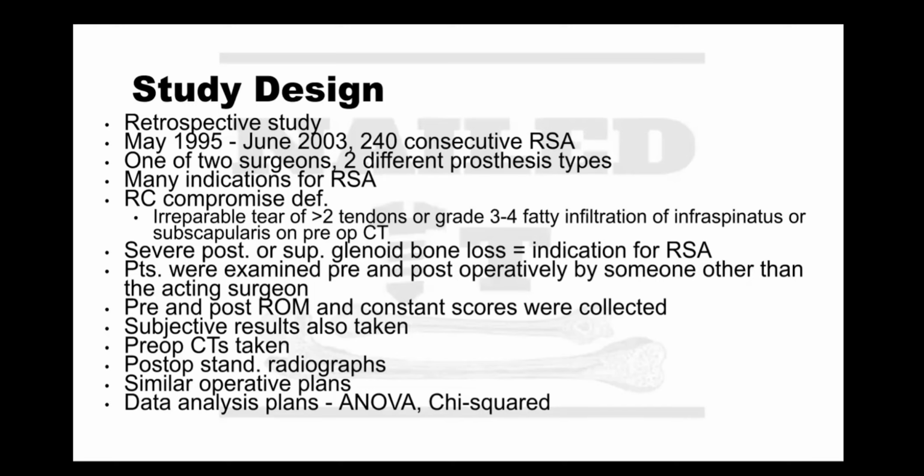The authors also noted that they took pre-op CTs to evaluate the quality of the rotator cuff as well as the glenoid bone stock, and all of the operative plans were similar in nature. The authors also outlined a data analysis plan in which they used an ANOVA to compare functional scores and range of motion in various etiological groups, as well as chi-squared analysis for satisfaction and complication rates between the groups.